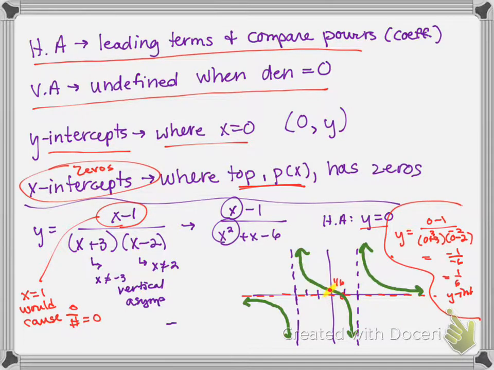The only additional thing about horizontal asymptotes that I want to mention, that was mentioned a little bit a few minutes ago, is that horizontal asymptotes can be crossed, whereas vertical asymptotes cannot. And what that means is you may have a function where it gives you a horizontal asymptote.